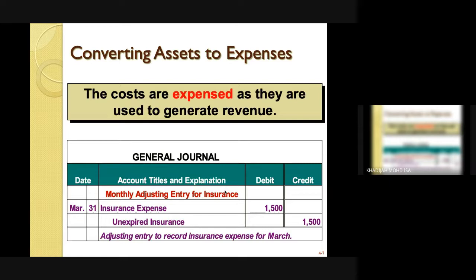Every month you recognize the expense of 1,500. So at the end of each month, you debit insurance expense and credit prepaid insurance. Prepaid insurance is an asset.